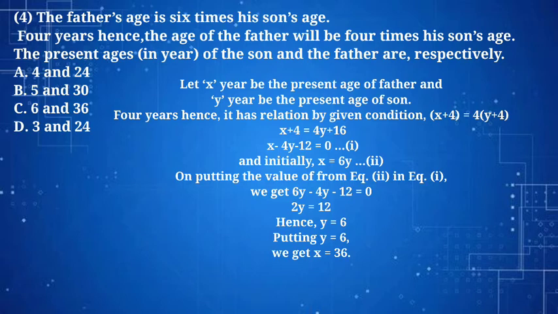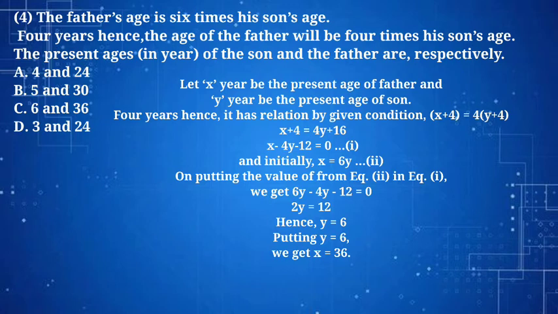So this can be written as x plus 4 equal to 4 into y plus 4. Open the bracket on the right side. This becomes x plus 4 equal to 4y plus 16. And after calculation, this equation becomes x minus 4y minus 12 equal to 0. That is the equation number 1.